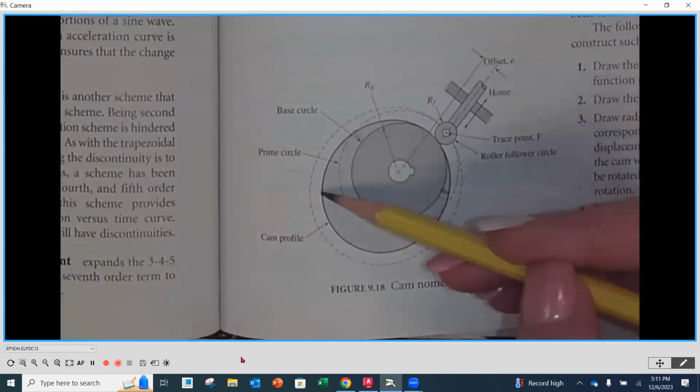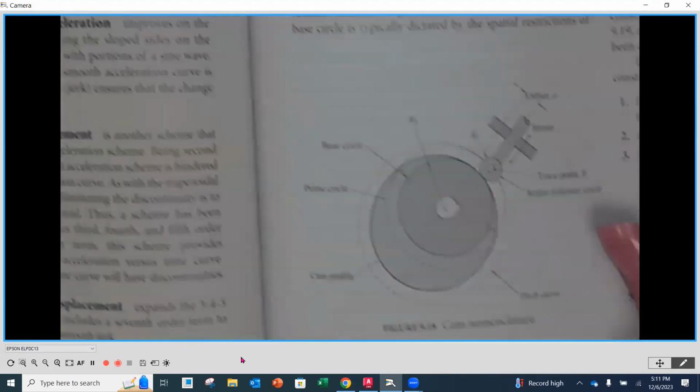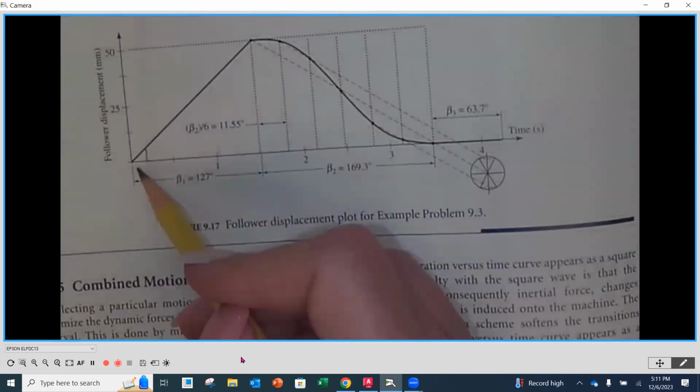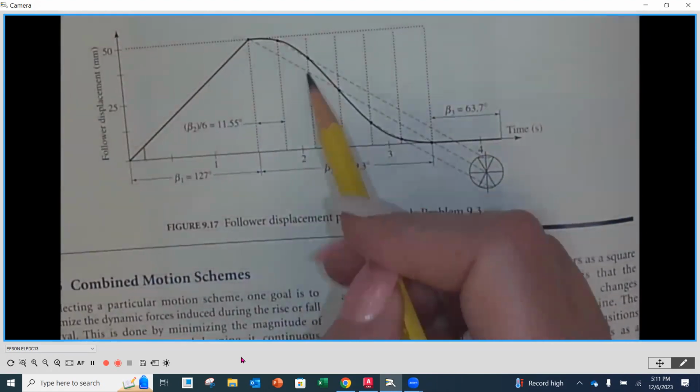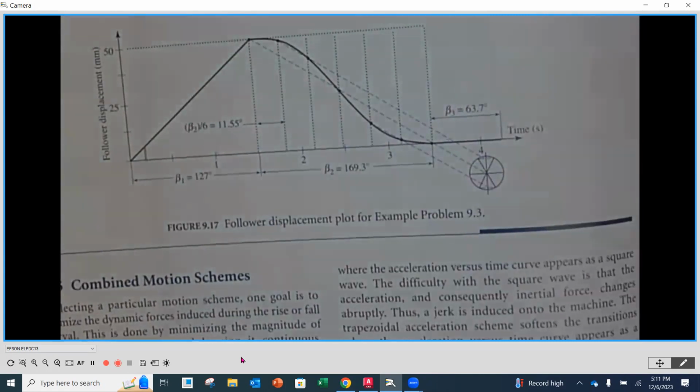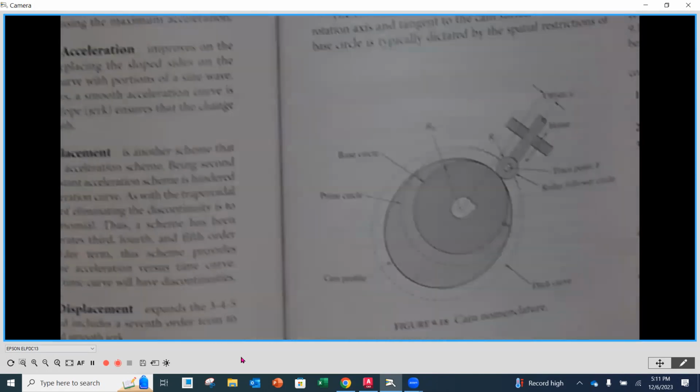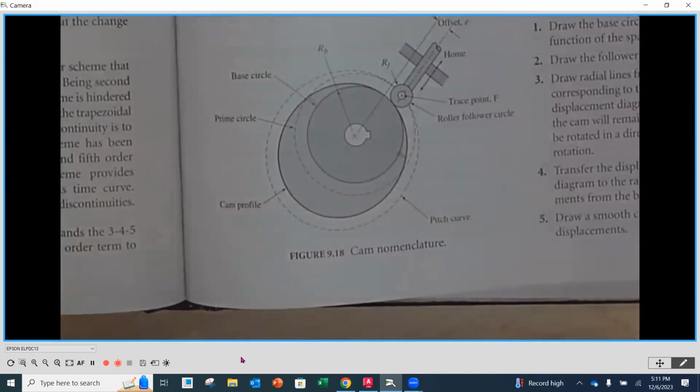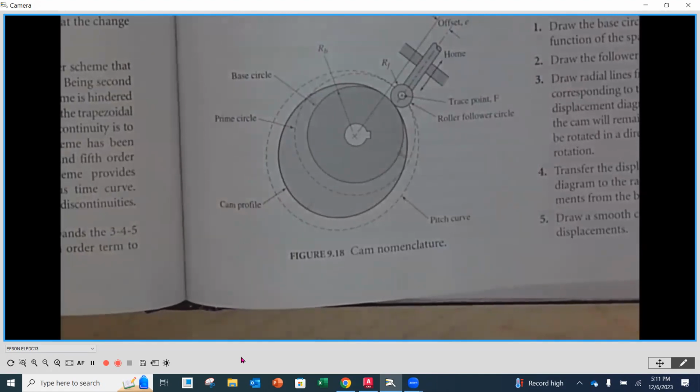Those distances correspond to wherever we're at angle-wise. And then we basically mark those points off, and we use a spline in AutoCAD to make a best fit curve all the way through there to determine the profile of that cam. Okay.